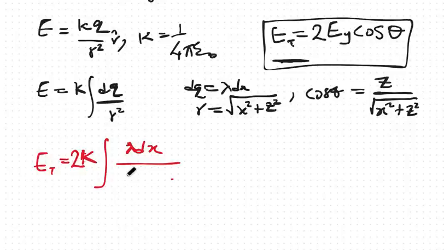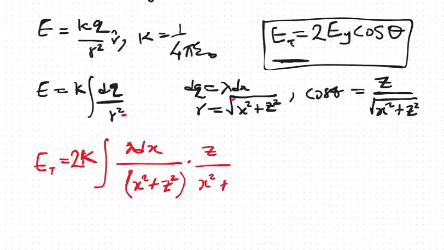Okay, let me take it bit by bit. And in real sense, the square here will cancel the square root, so I'll be having x squared plus z squared multiplied by cos theta, which is z divided by the square root of x squared plus z squared.